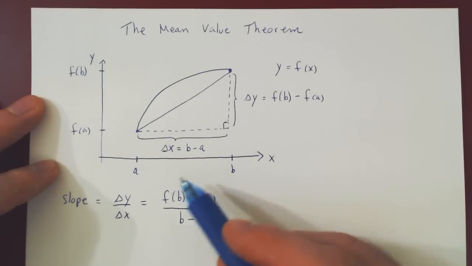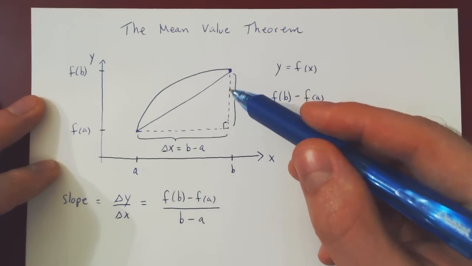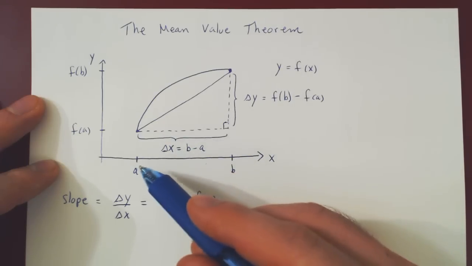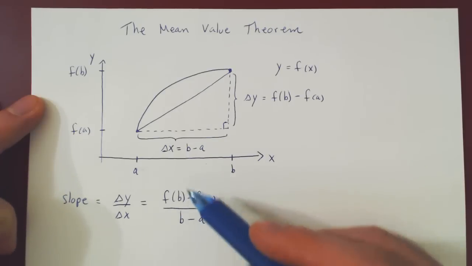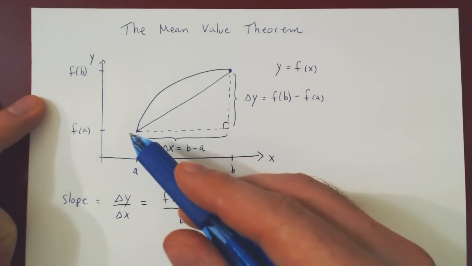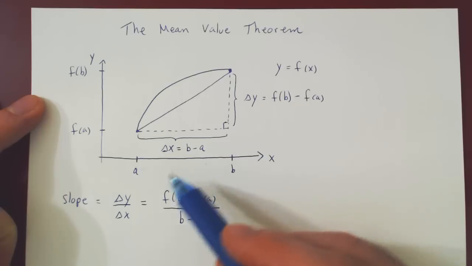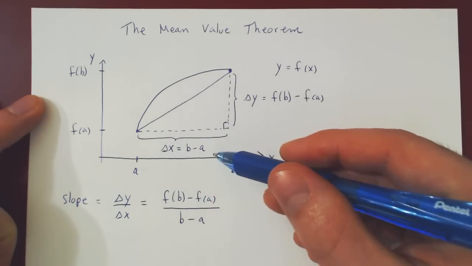And you can think of this as the average slope of the function. You see the total change in y of the function over the total change in x of our interval. So you can think of this as the average slope of our function on the interval from a to b. The mean value theorem says that the average slope must equal the instantaneous slope, therefore the derivative, at least one point between a and b.